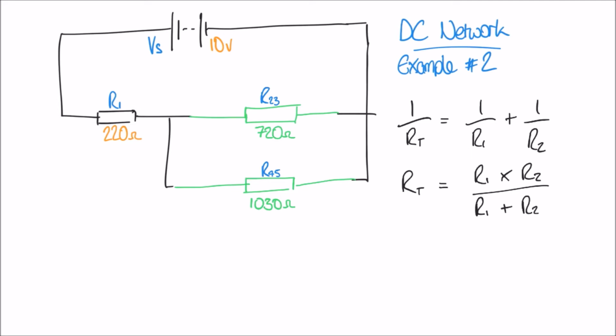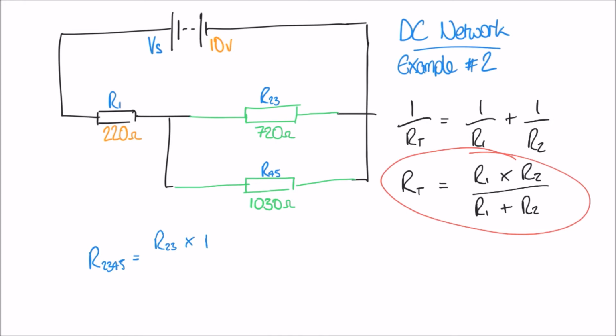In this case, we're going to use this second formula because it's a little bit easier in this instance. Now, we're talking about R1s and R2s in this formula, but let's be consistent about what it is that we're calculating here. In our case, the total resistance, which I'm going to call R2345 because it encompasses all four of those resistors now, is R23 multiplied by R45 over R23 plus R45.